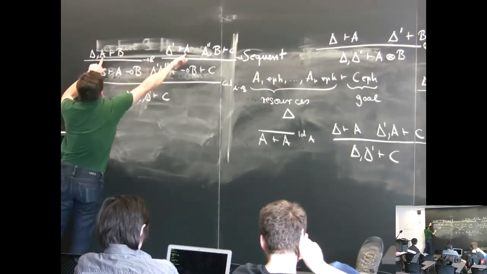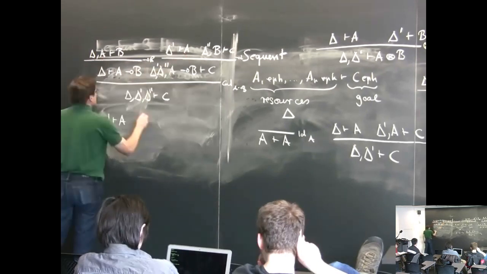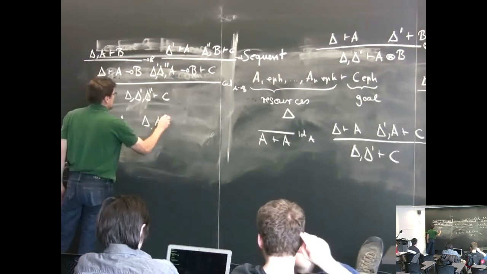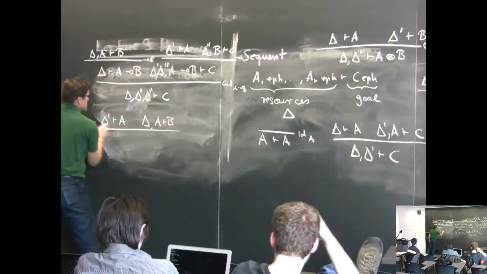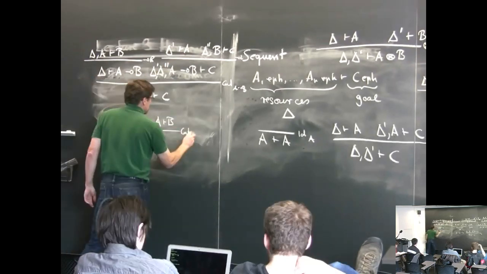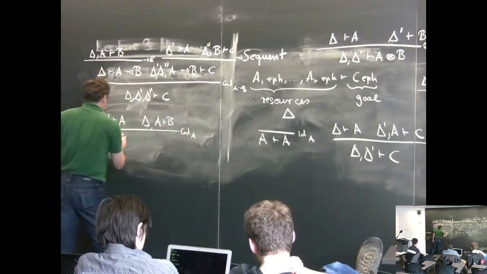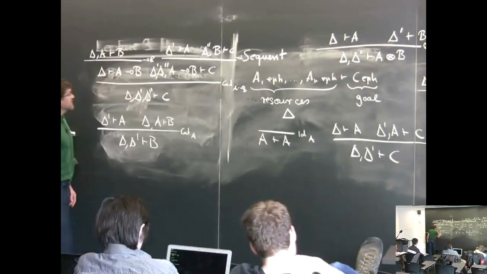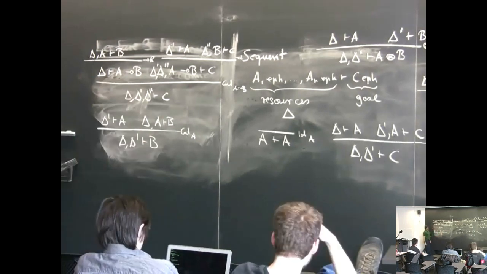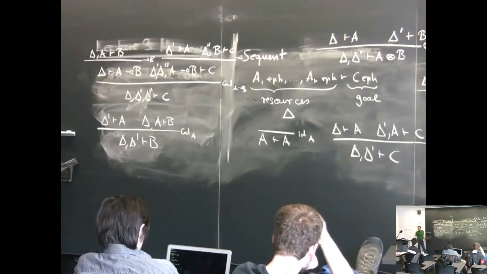So first we do a cut at A, so this with this over here. So we have delta prime proves A, delta and A proves B. So we do a cut at A to get delta together with delta prime proves B. So that's good. And what next?